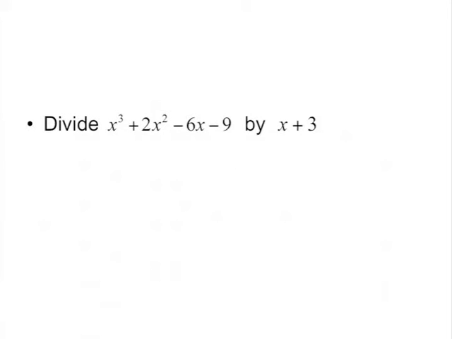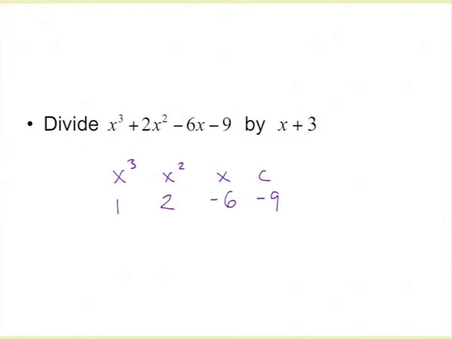So let's do another example. So to do synthetic division, we start by setting up the same way we did for substitution. Highest power of x, count our way down. Write our coefficients. And off to the side, we put whatever would make the thing we're dividing by equal to 0, which is negative 3 in this example.